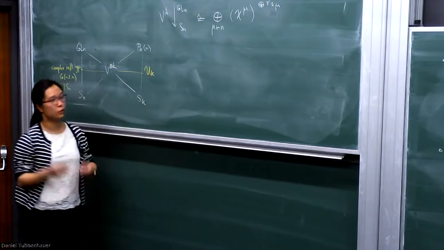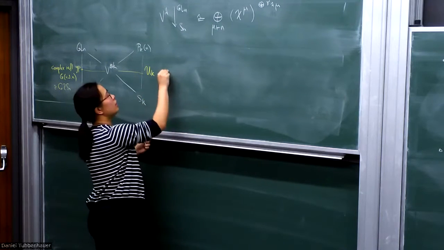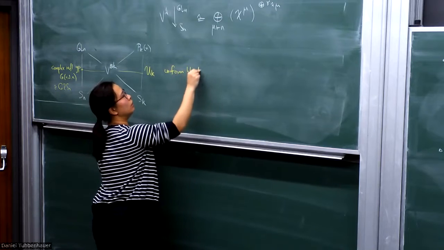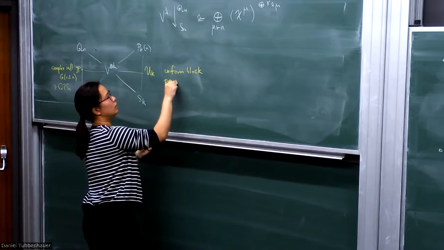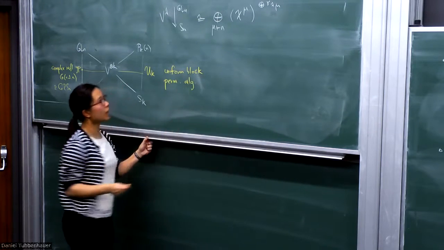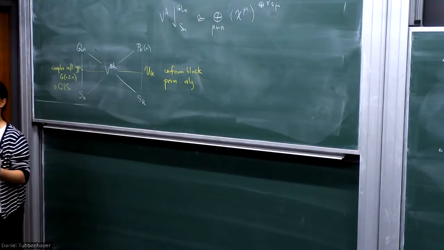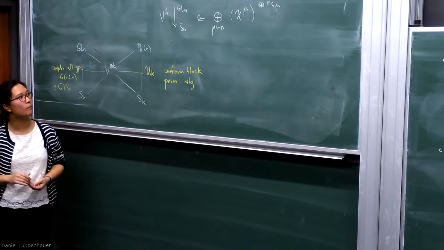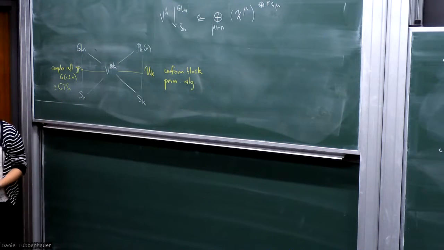We have U_k, which is my notation for the uniform block permutation algebra, also known as the party algebra, for a reason that I'll explain in 20 seconds time. It is sitting inside the partition algebra.